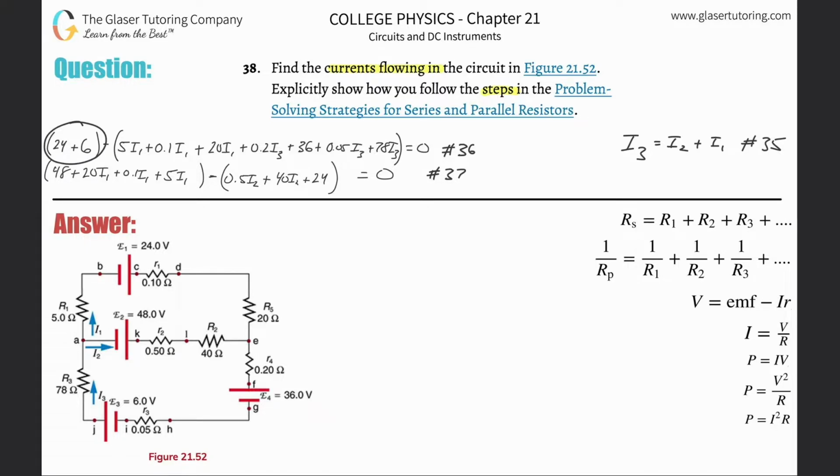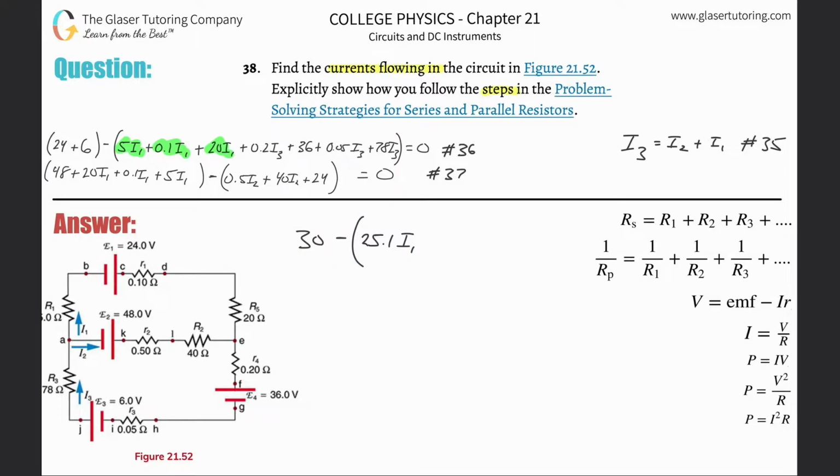So when we combine these terms here, that's going to be 30. Okay? And then minus, all in parentheses, let's combine all the like terms. I'm going to highlight them for you. Here's 5i1, 0.1i1, and here's 20i1. When we combine those, it's simply going to be 25.1i1. Great.